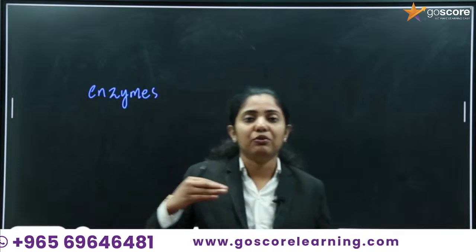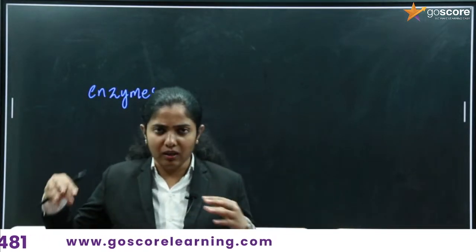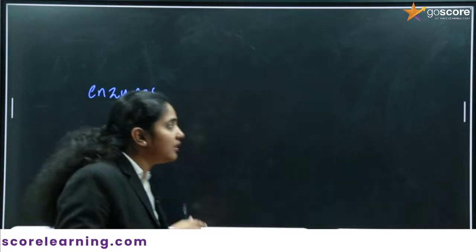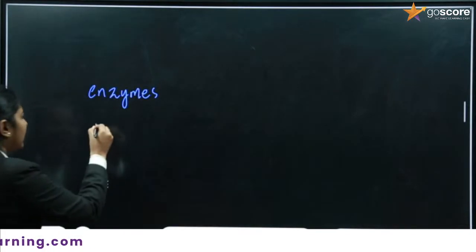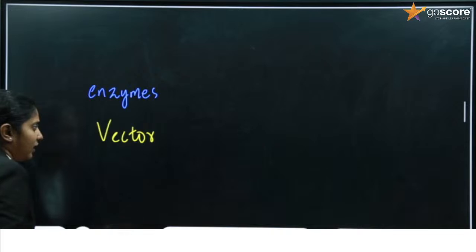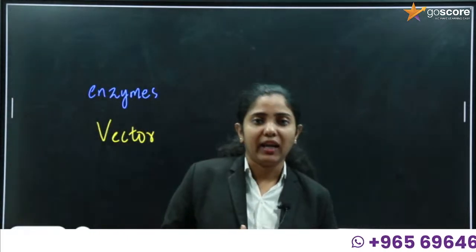After cutting, this has to be recombined with the vector DNA. So we have learned the term vector also in the previous class, right? What is a vector? We have studied an example of a vector, pBR322, right?